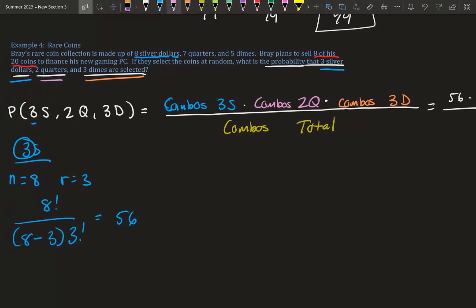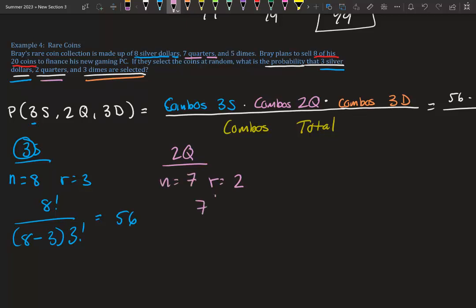Now let's do quarters. So we want to pick 2 quarters out of all the quarters we have. Remember, the top part, you're just looking at each category. So you're looking just at the silver, just at the quarters, just at the dimes, each individually. So we want to pick 2 quarters. We have a total of 7 quarters to pick from.